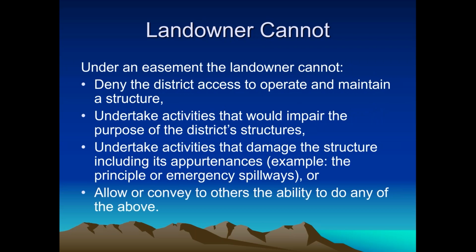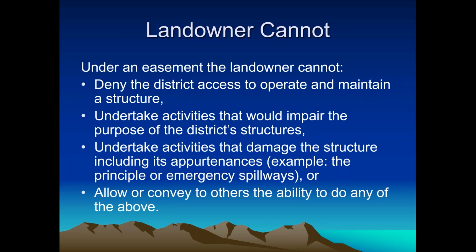Another thing that you need to think about when you're looking at an easement is what can the landowner do and what can the landowner not do. Some of the things that a landowner cannot do is they cannot interfere with the operation and maintenance of the structure. They can't deny access to the project sponsor. They can't undertake activities that would impair the purpose of the project sponsor.